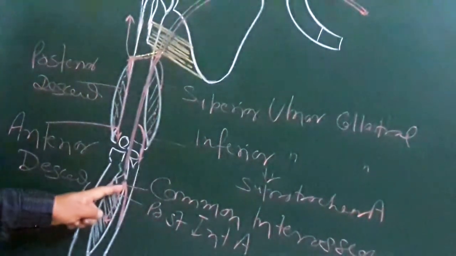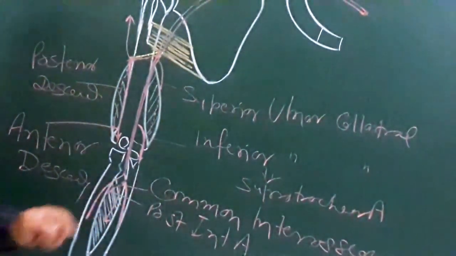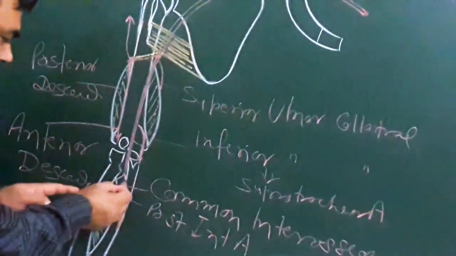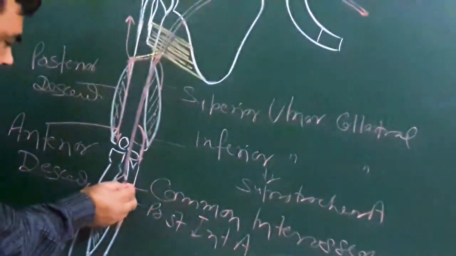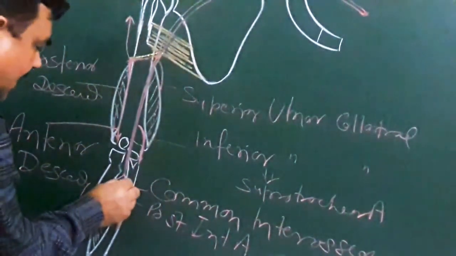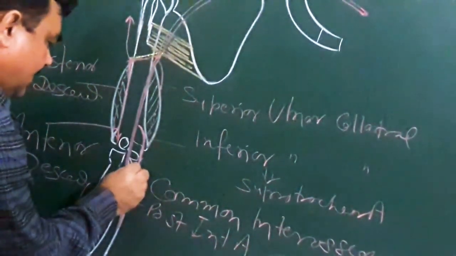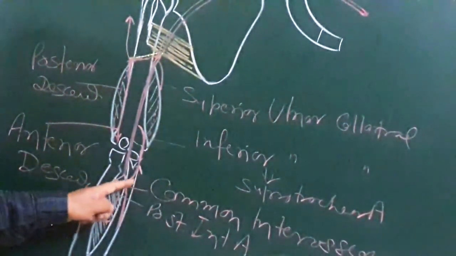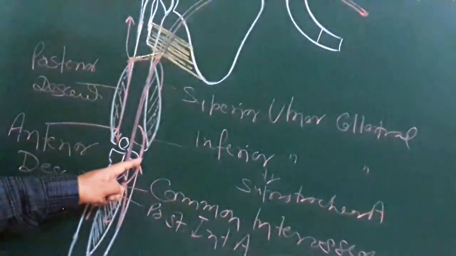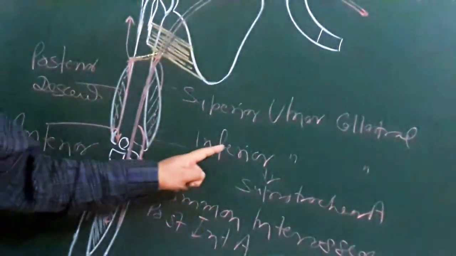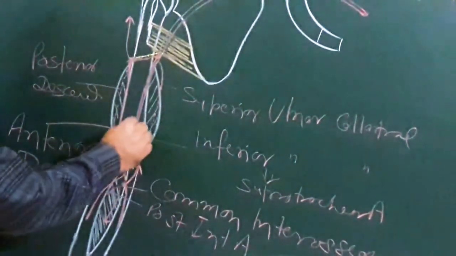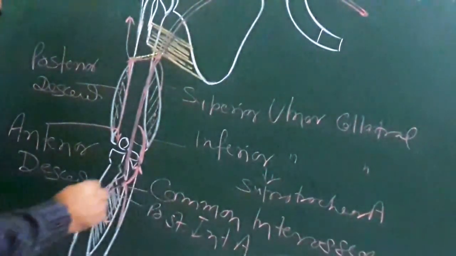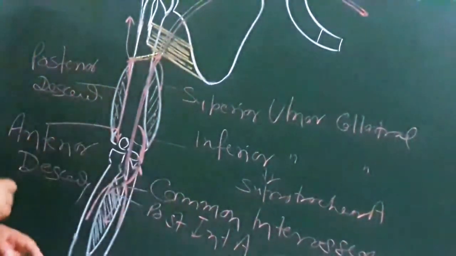So common interosseous divides and gives anterior and posterior interosseous arteries. And the ulnar artery gives other branches, which is the anterior ulnar recurrent branch. This anterior ulnar recurrent branch anastomoses with the inferior ulnar collateral branch.